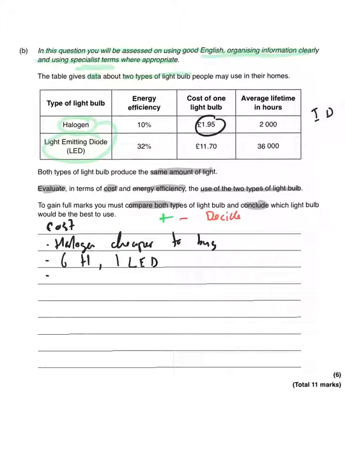You could say that LEDs last much longer, so maybe are more cost effective in the long run because they last a lot longer. You could say that you'd need to buy up to 18 halogens to last that amount of time, because that divided by that equals 18. So you need to buy 18 halogen bulbs in the lifetime of just 1 LED.